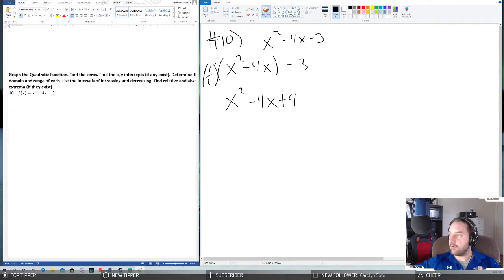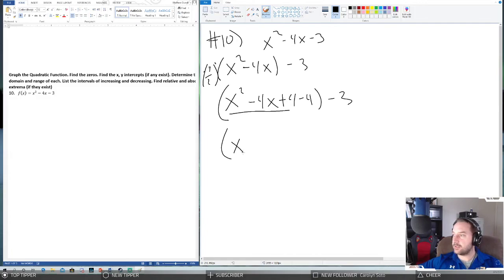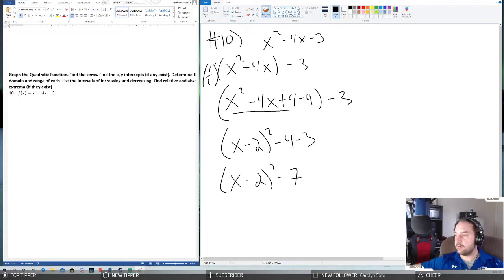So I'm going to add 4 and subtract 4 inside the parentheses. This will factor into x minus 2 times x minus 2. And I still have the minus 4 and the minus 3. So that's going to become x minus 2 squared minus 7. Now that I have it in graphing form, my vertex is going to be 2, negative 7.